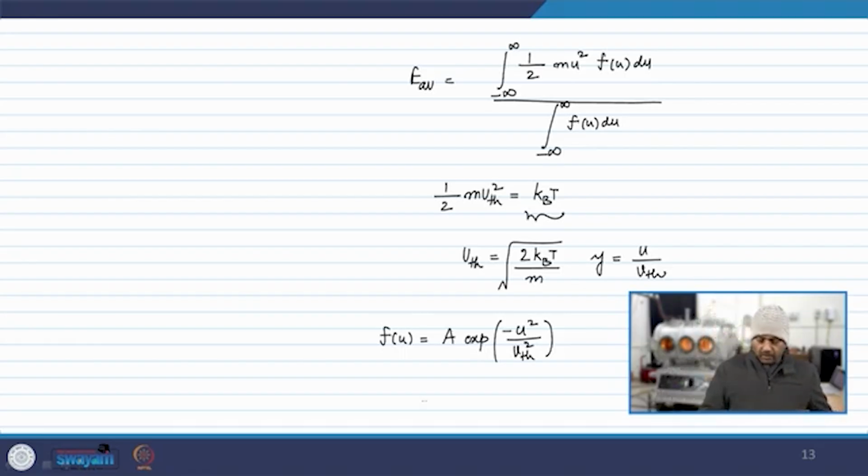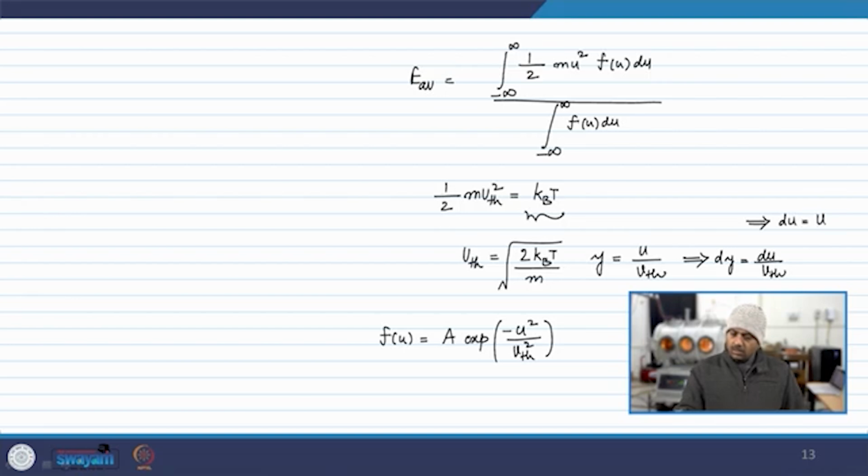So, for E average, using this, dy is equal to du by Vth, which implies du can be replaced as Vth dy.